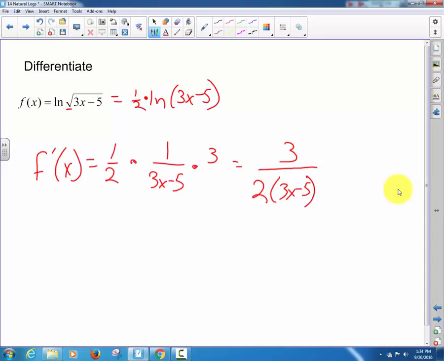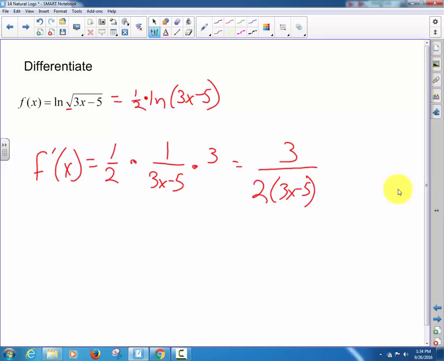So suddenly, I think that would be the correct answer for my derivative, 3 over 2 parentheses 3x minus 5.